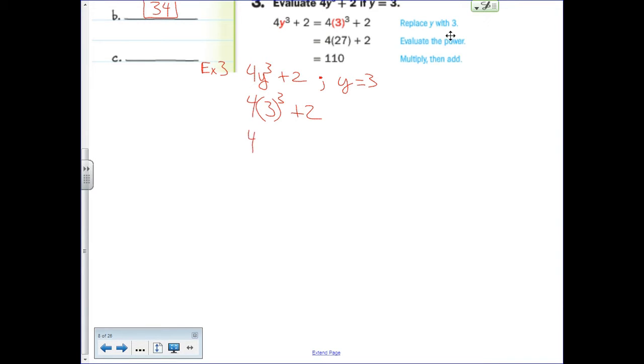So I will do 4 times 3 times 3 times 3, which is 27, plus 2. Second, I need to do multiplication. So I will multiply 4 times 27, and that gives me, might have to do that off to the side, right? 28, carry the 2. 2 times 4 is 8, plus 2 is 10, so I get 108, plus 2, which is 110.